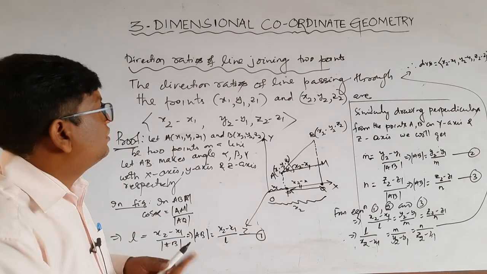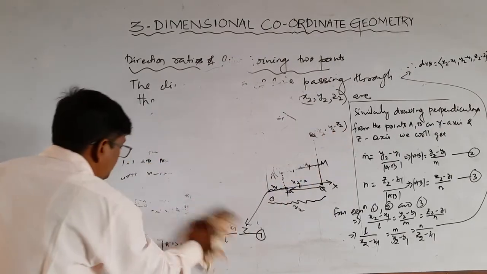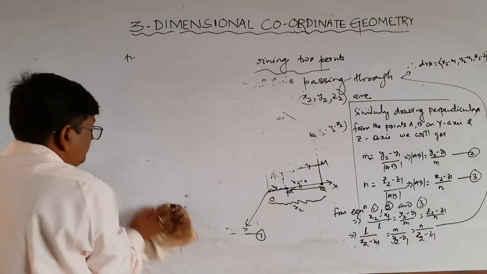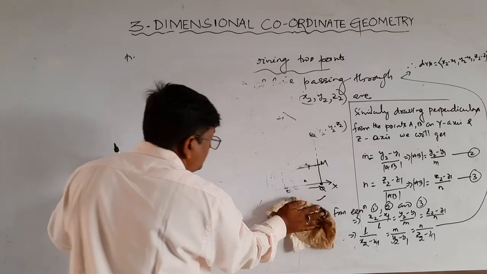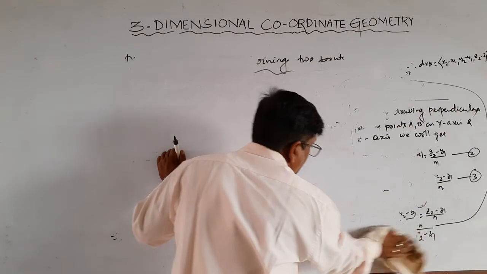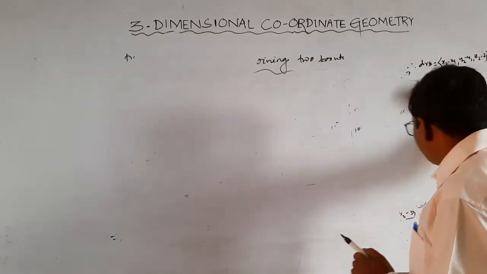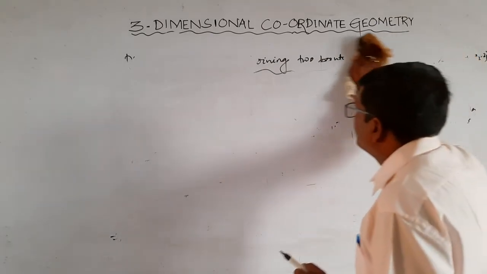Now one question related to this concept. If the direction ratios are given, then we can find the direction cosines.